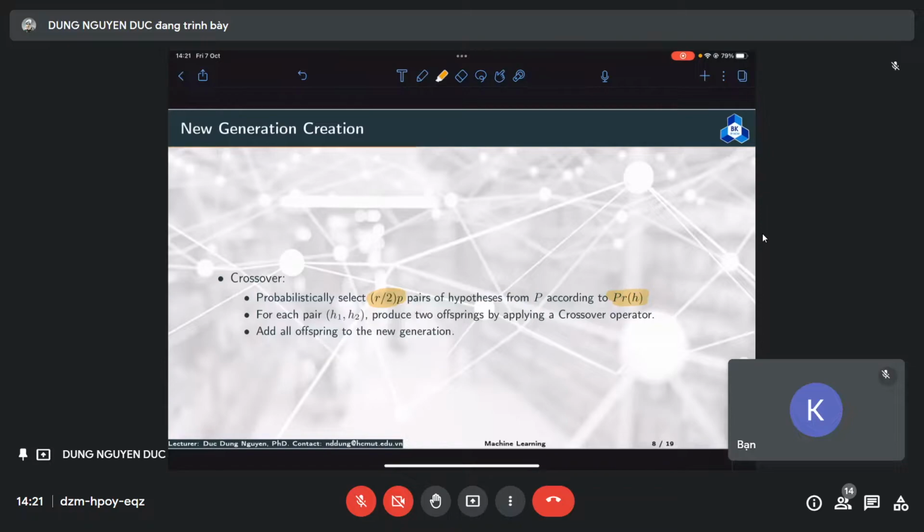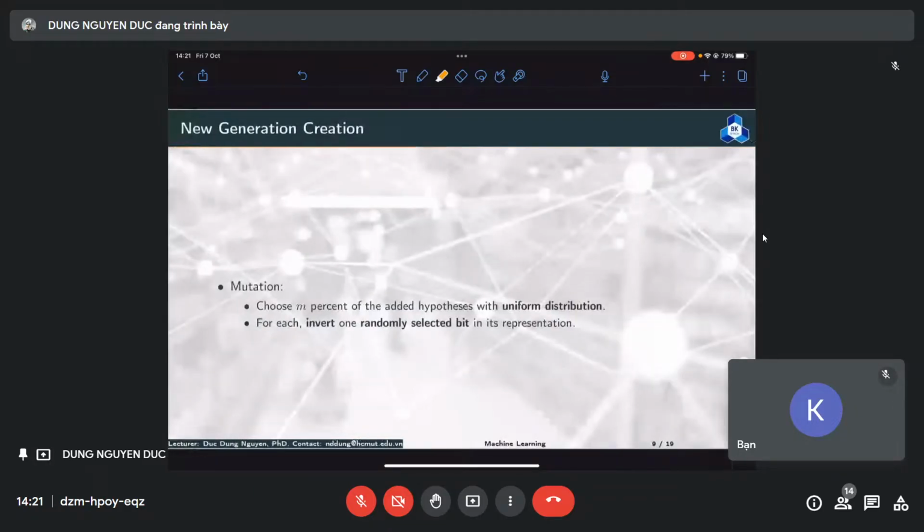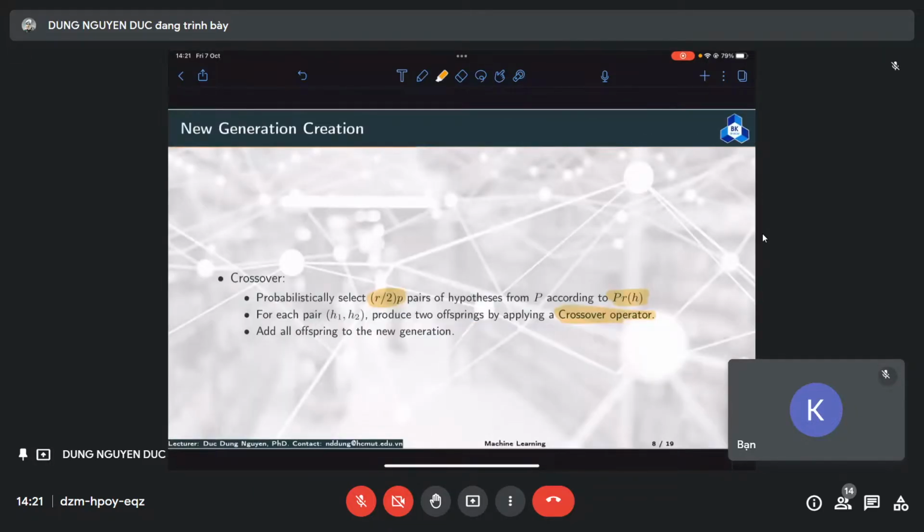So given this and the pairs selected with the probability you have, you can apply the crossover operator. For the crossover operator, you can have several ways to do that. I will talk about it in another slide. It's a little bit more complicated.